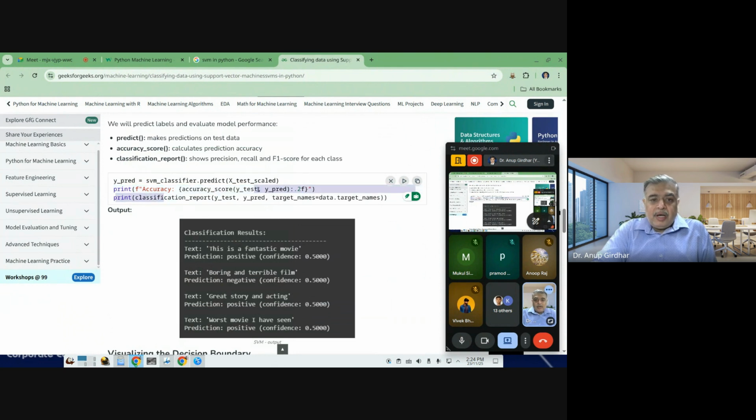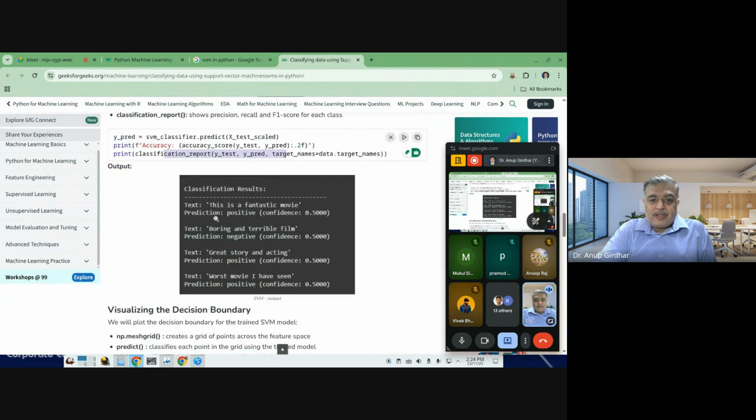Then the classification report: you will find a proper classification record of the positive values and their confidence, and the negative values and their confidence. For example, 'This is a fantastic movie' versus 'boring and terrible film'. We have a separation of these kinds of things. 'Great story and acting', if you want to predict, and then you get some results.